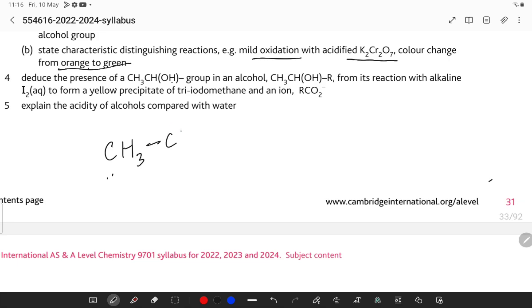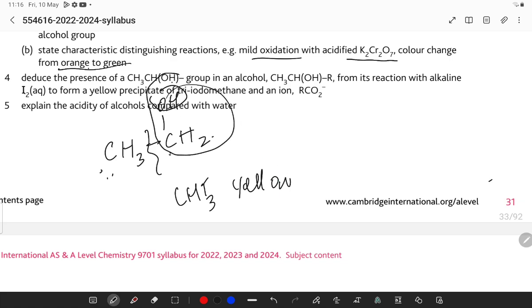The test takes place with CH3, CHOH, CH2. So if the OH is attached to a carbon which is directly attached to CH3, this will give triiodomethane, the yellow precipitate, and this compound is converted into RCO2 negative.